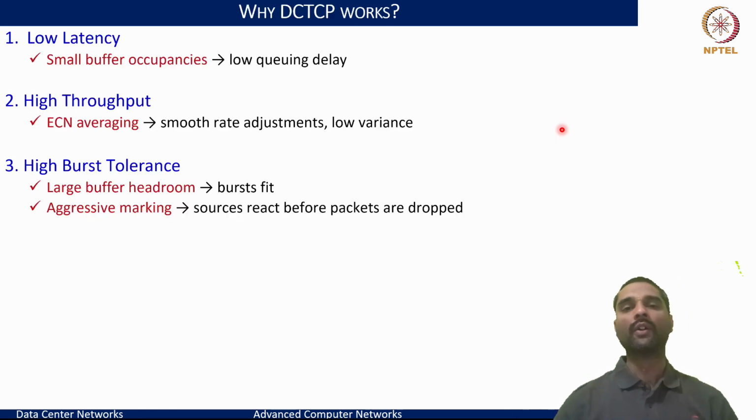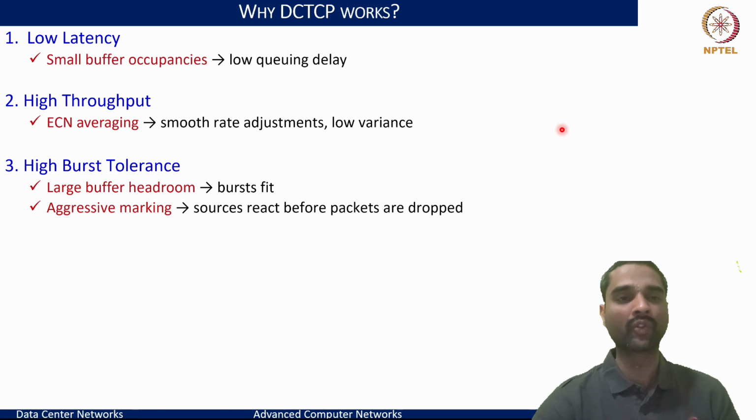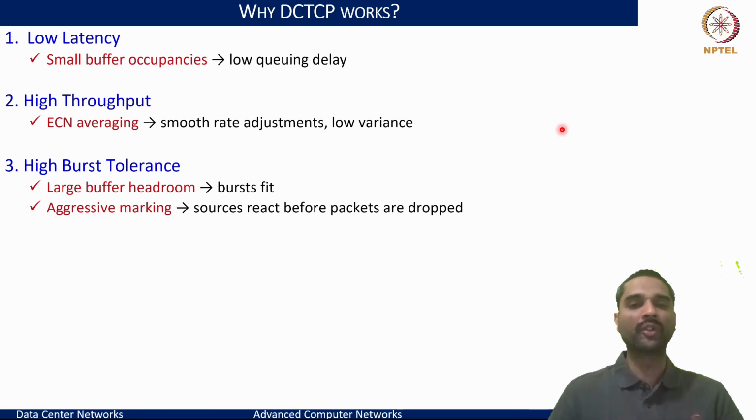So to summarize, what we have seen is the way DCTCP works is that first, it ensures that there is low latency for the communications between aggregators and workers, or, for that matter, any of the nodes in the data center.